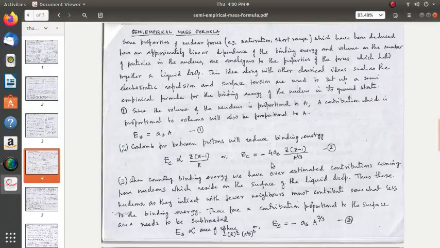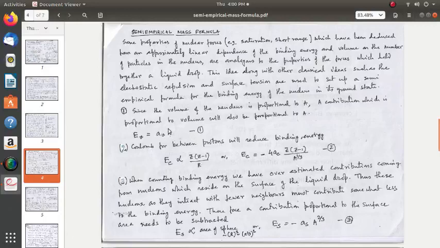So finally we get the Coulomb energy proportional to Z(Z-1)/R. This is a way of writing a_C, but you can write simply a_C. This is a notation used by Kaplan, but this minus sign is important because it reduces the binding energy. So minus Z(Z-1) divided by R, where R is A to the power 1/3.